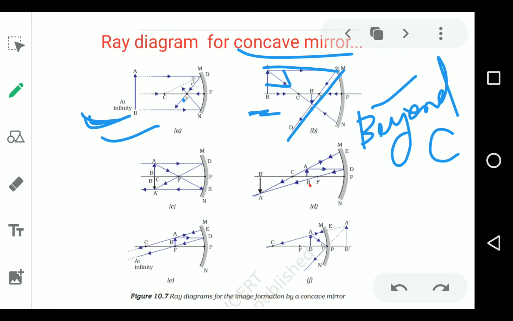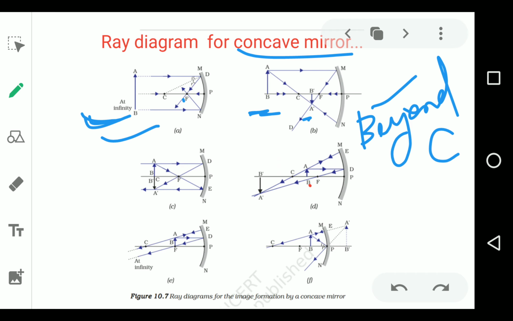Where these two reflected light rays intersect, that point is A dash. When you extend a line from A dash perpendicularly to the principal axis, it meets at the point B dash, and that line becomes the image.